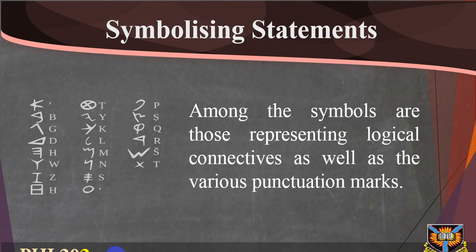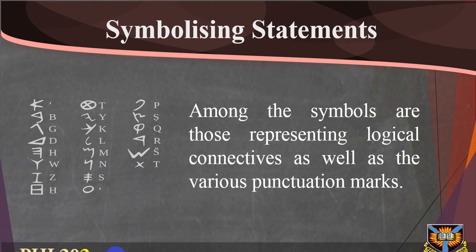That the different ways of punctuating this statement do make a difference can be seen from the following case in which P is false while Q and R are both true. Bracket open, P dot Q, bracket close, V R. Don't forget that the dot sign represents and, the V sign represents or.